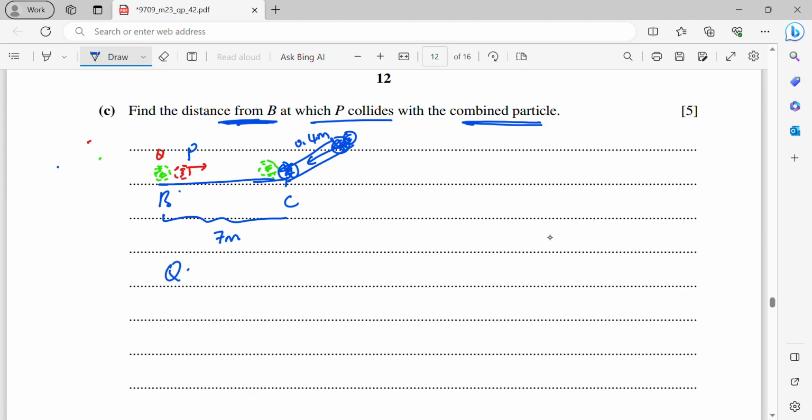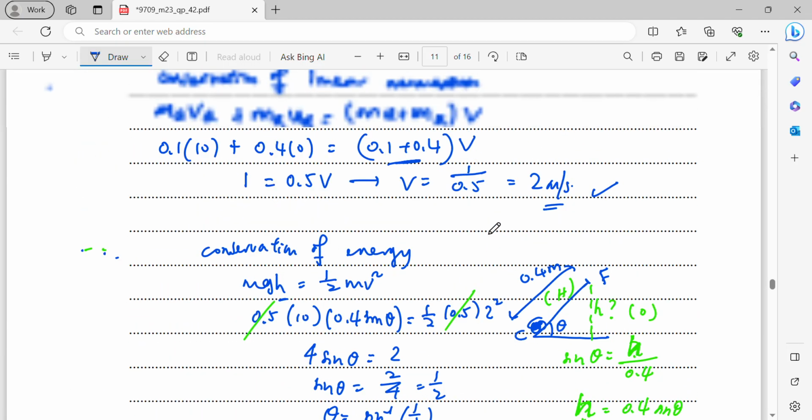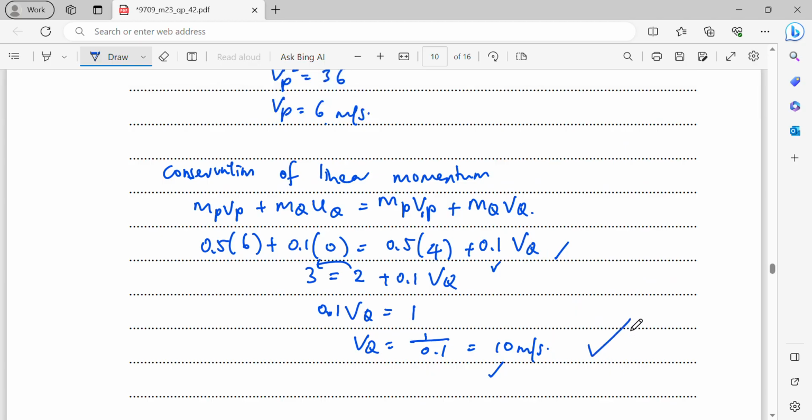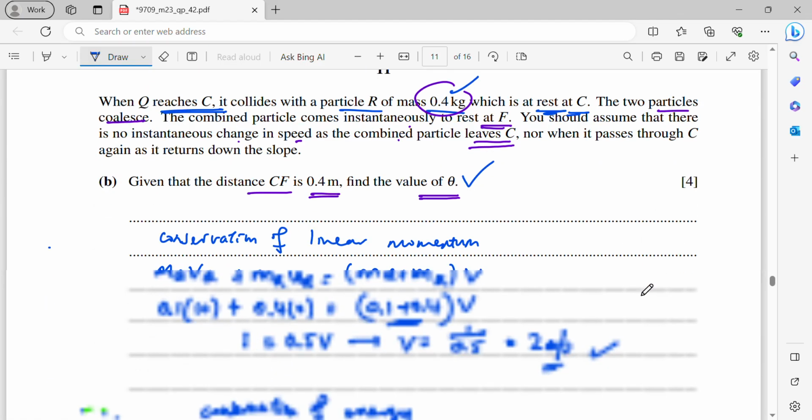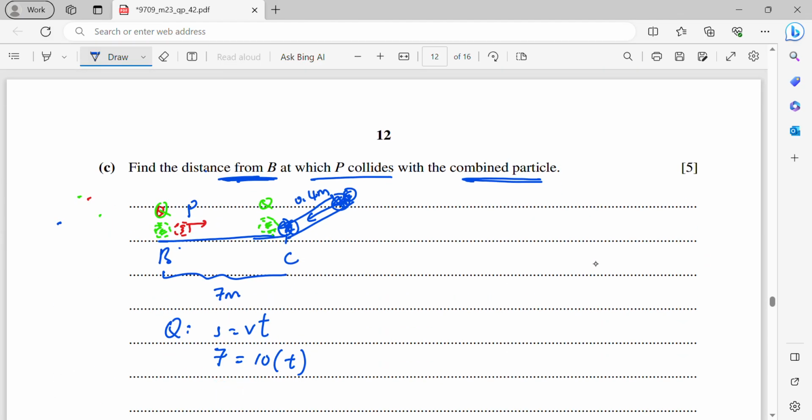Okay, so for the Q, S equals VT. The S is 7 because it has the points Q. Points Q already reaches C. So I need to find how much time it needs to reach C from B. So the V is 10, and the T is time, because we know that at first your Q, after the collision with the P, moves with 10 meters per second.